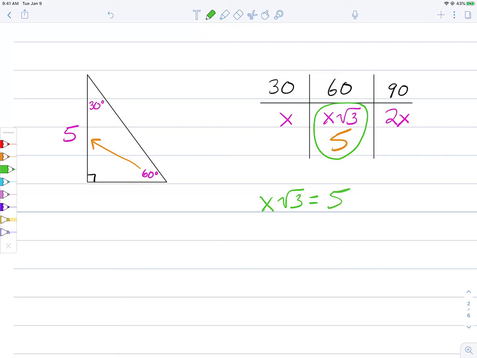If I want to find my key value of x, I need to divide both sides by the square root of 3. So x is now 5 over root 3.